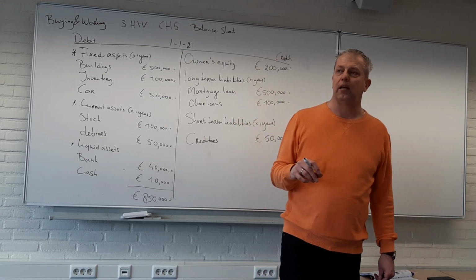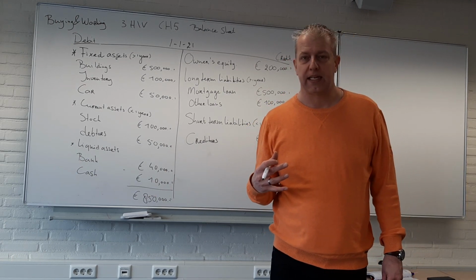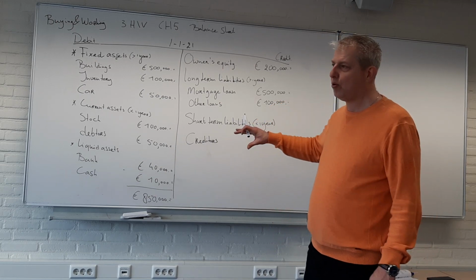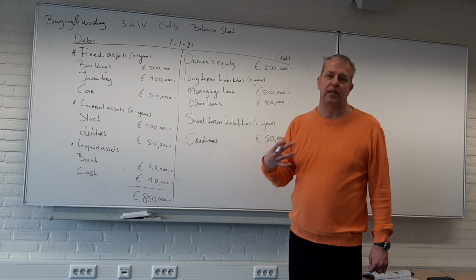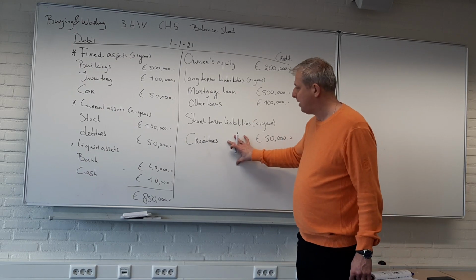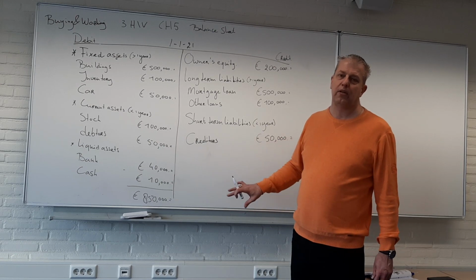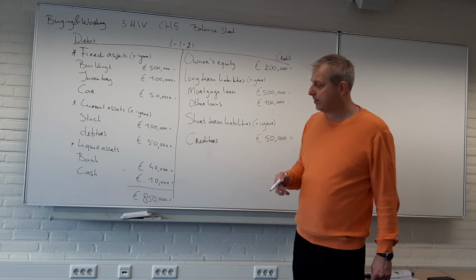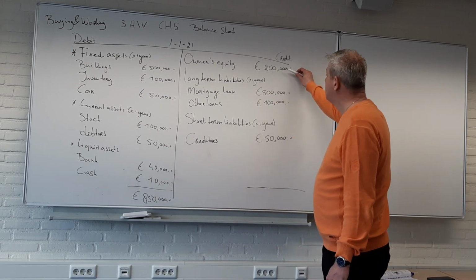For example, rent that has to be paid, or if I have to pay the tax authorities some money. So all the money that I owe people or companies, which I have to pay within the year, is mentioned here within the short-term liabilities. Well, for the example, there are no more short-term liabilities, so I'll leave it with that. Now I'm going to add these up as well.